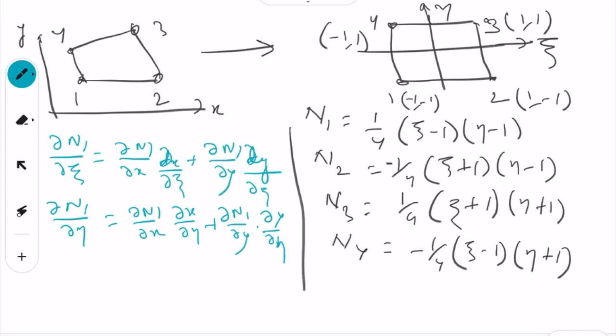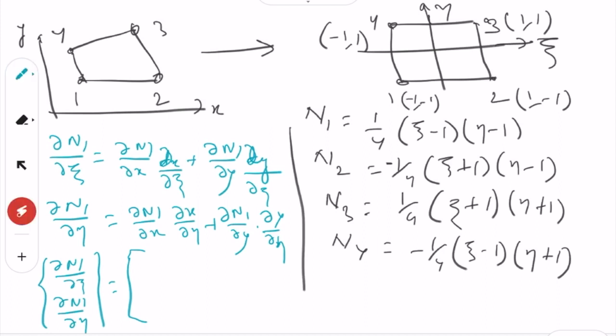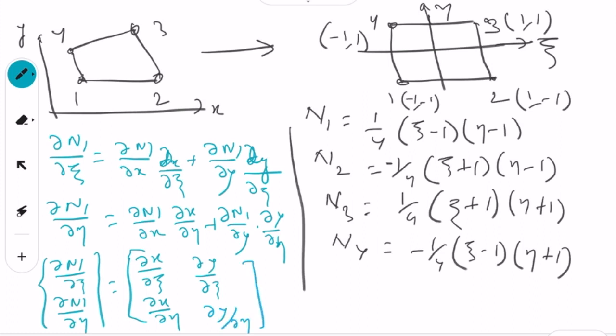Hence what we get is del N1 over del xi and del N1 over del eta equal to the matrix with del x over del xi, del y over del xi, del x over del eta, del y over del eta, multiplied by del N1 over del x and del N1 over del y. So we have nothing but the Jacobian coming up here.